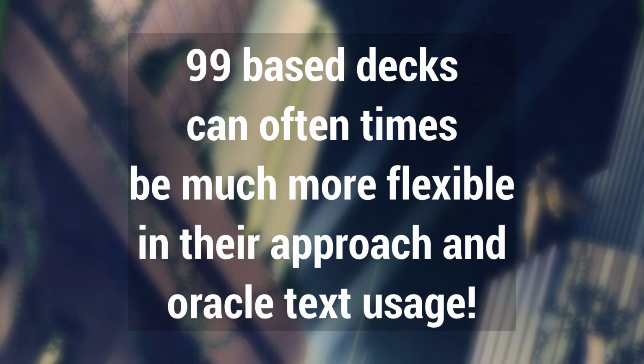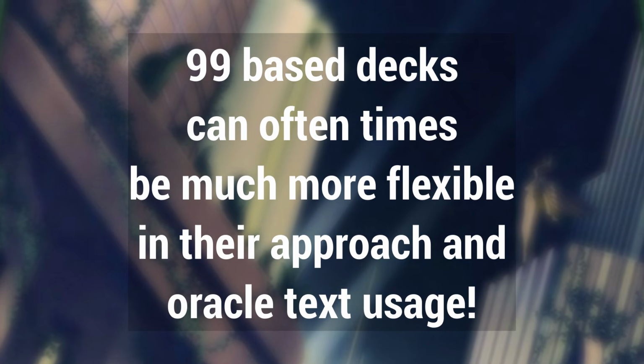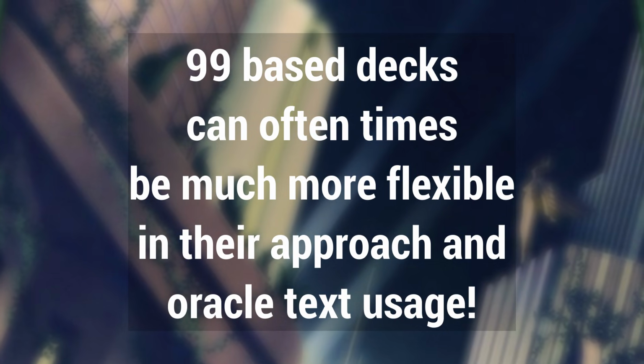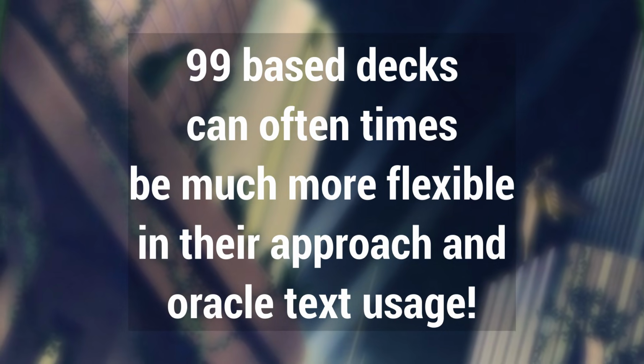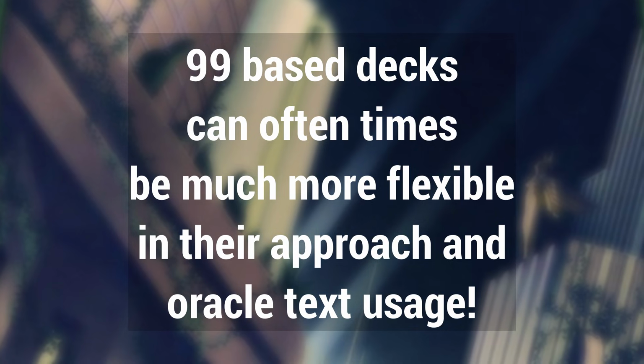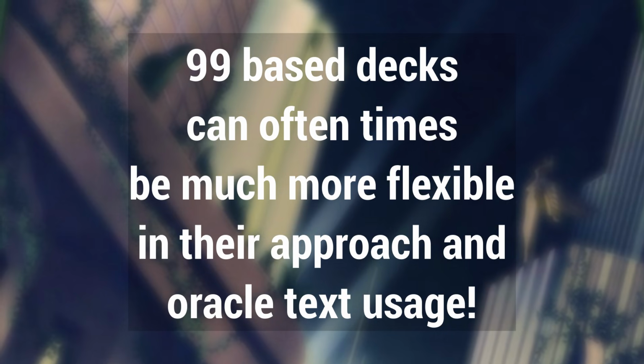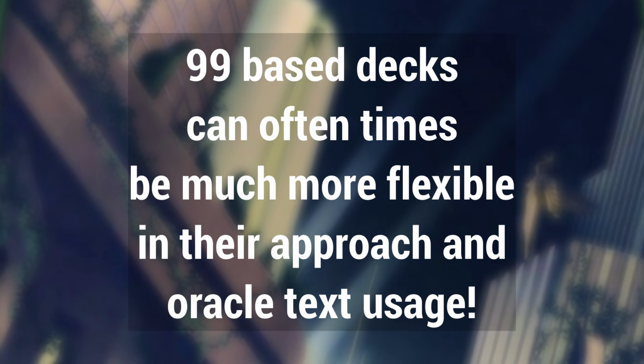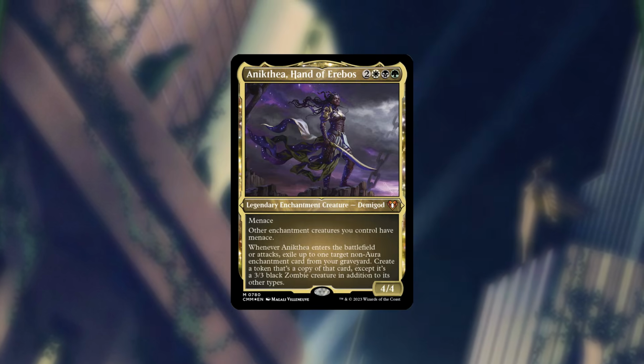If you ever want to not have a strategy based around your commander and have your commander be more of a backup or just a value engine, then Oracle Text gets even better for you, as all you're really limited to is the colors, and you can look up any sort of strategy that you want, whether that be tapped and attacking, or creatures entering, or creatures dying. You can go in any strategy you want if the commander is not essential to the strategy itself. But in this case, we're going to be looking at the commanders themselves. So let's get back to it.